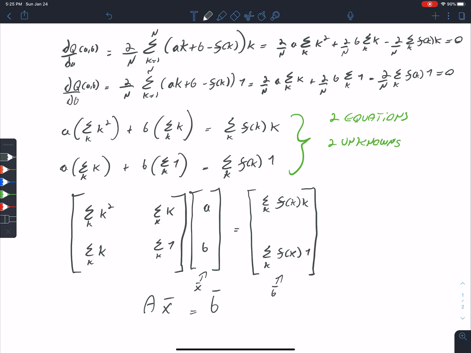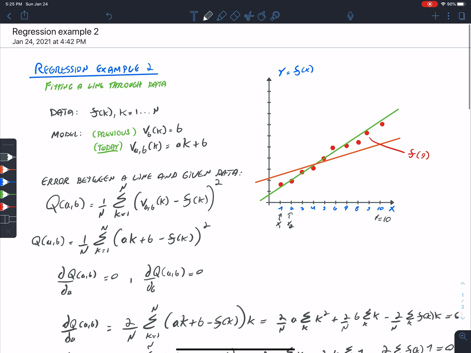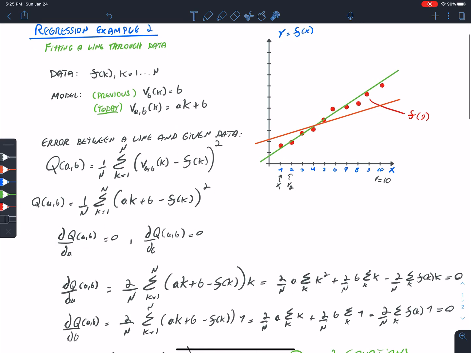So the summary of what is discussed so far: we used a slightly more complicated model, and we did the same thing as before, where we defined an error function, plugged in the definition of the model in the error function, and then we differentiated with respect to the two unknown values that we had for our model.